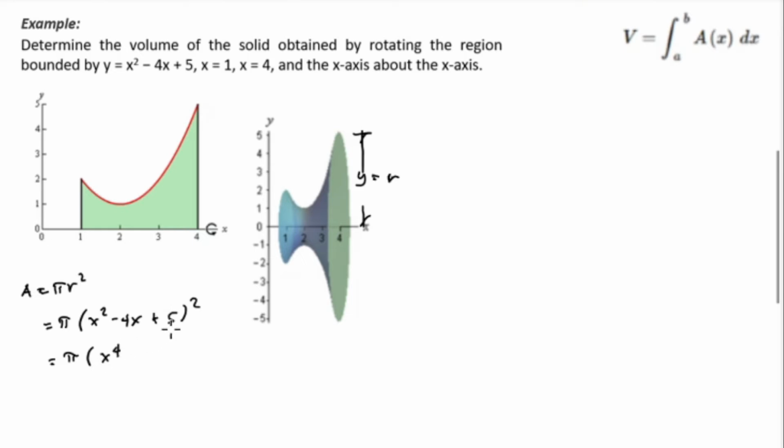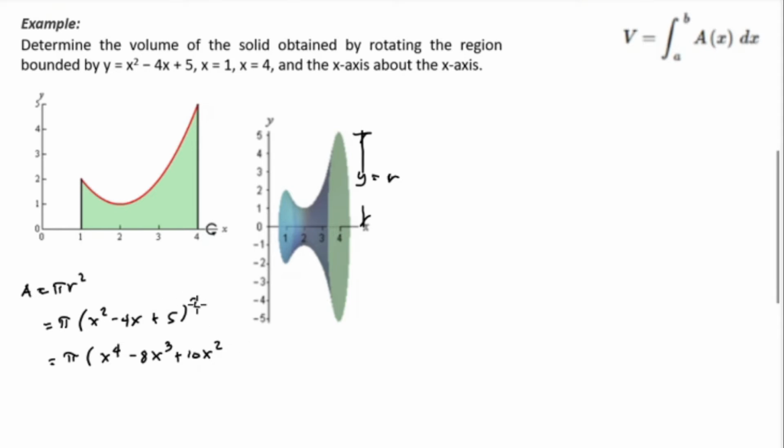x to the fourth, 2 times x squared times negative 4x is equivalent to negative 8x cubed. Then 2 times x squared times positive 5 is plus 10x squared.